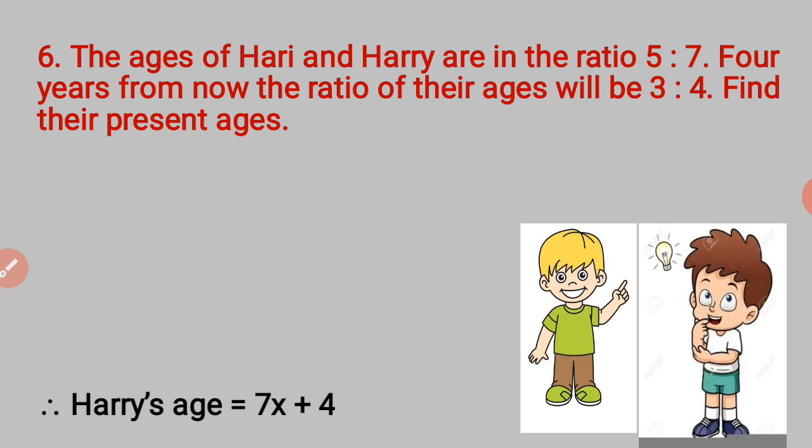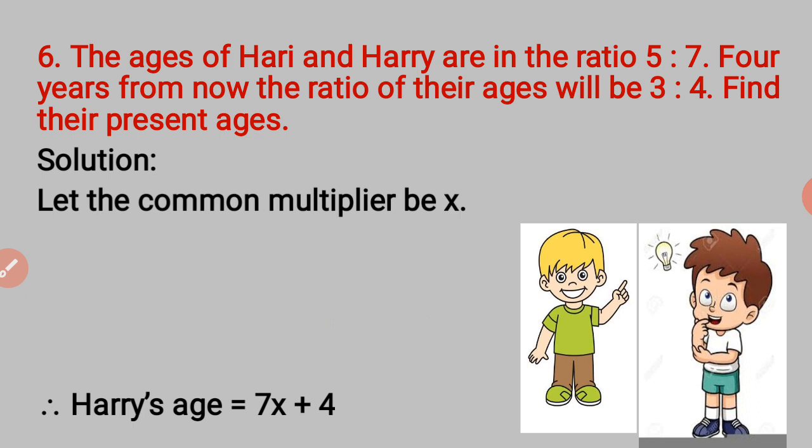That is how we will be proceeding. There is one more condition told to us: 4 years from now, the ratio of their ages will be 3:4. Find their present ages. Now children, the solution is: let the common multiplier be x. That is what we always begin with.